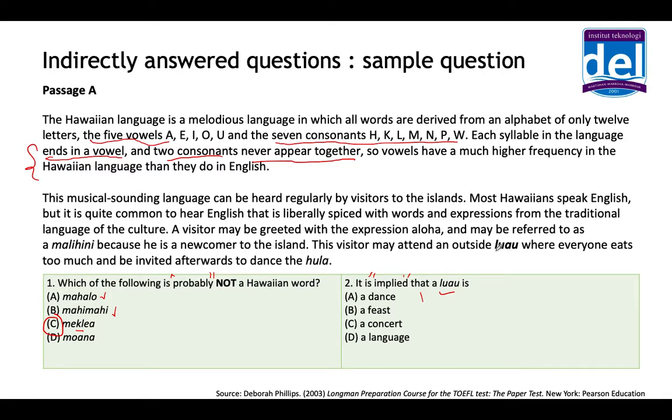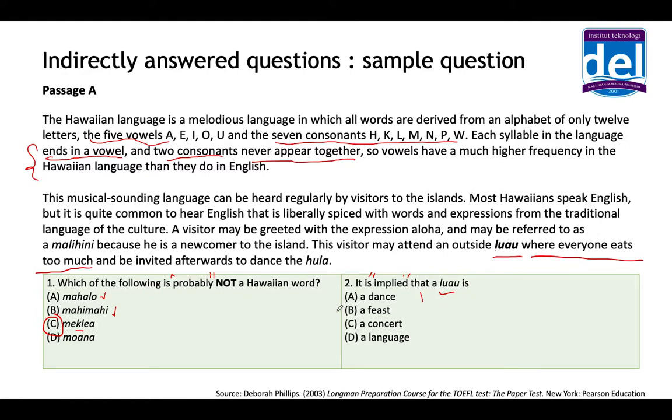Okay, so here we find the word luau, and the question is, what is a luau? It says here that a luau is where everyone eats too much. What can we infer from this statement? Something in which everyone eats is usually a restaurant, or probably it will be in the form of a party.